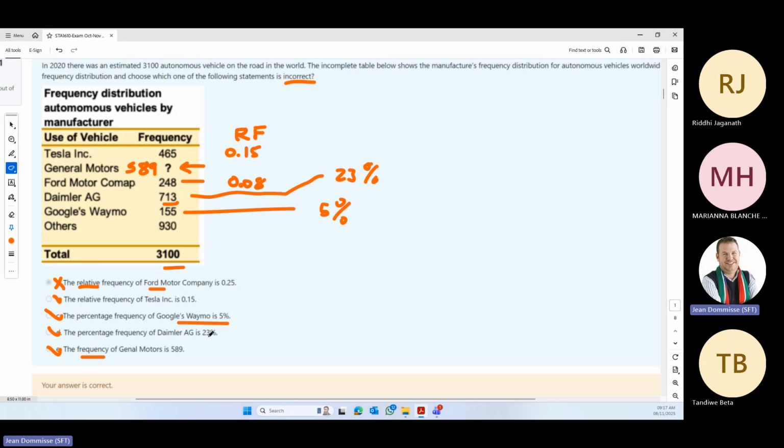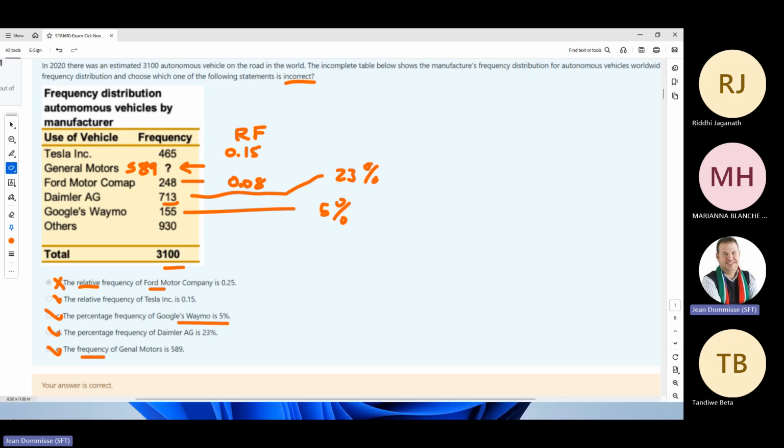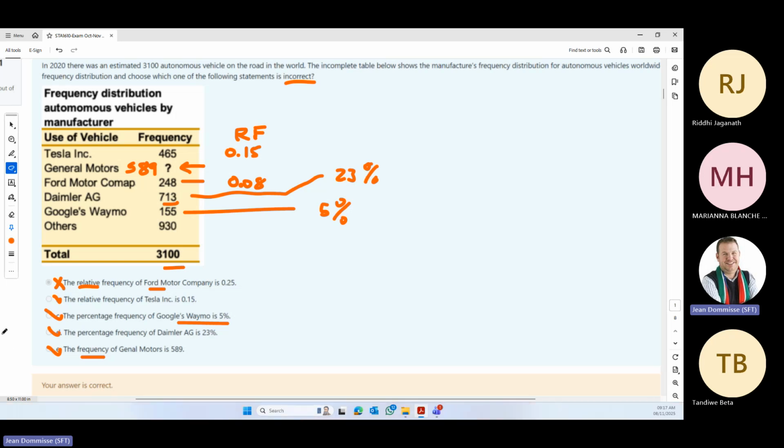Okay, so you will not ask for a cumulative frequency of Tesla, General, and Ford because it does not make sense. Just looking at the previous one, normally things like distance and time are continuous.